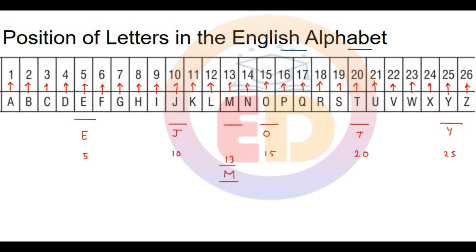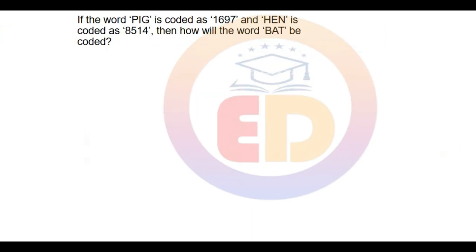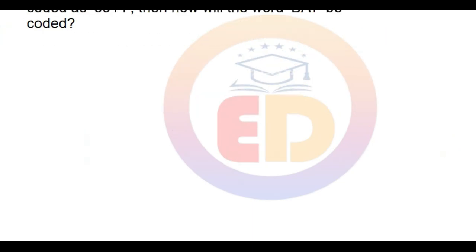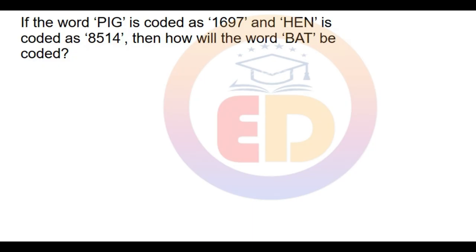Now let us go to a question based on the alphabetical arrangement. Question says, if the word PIG is coded as 1697 and HEN is coded as 8514, then how will the word BAT be coded?